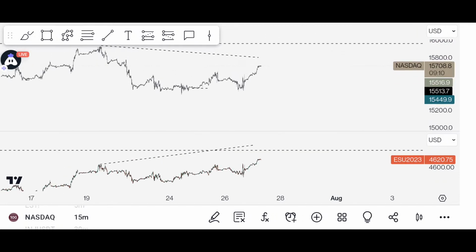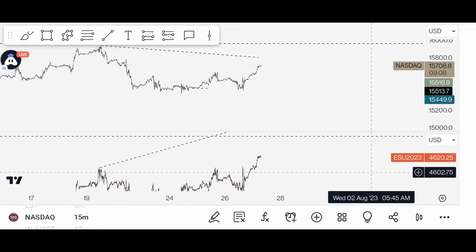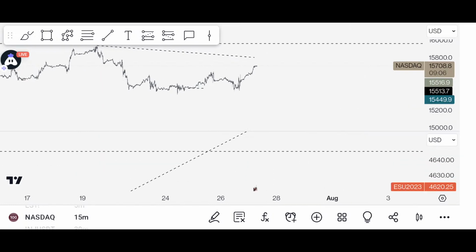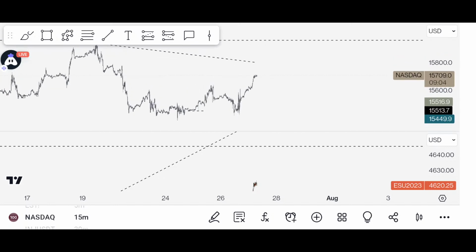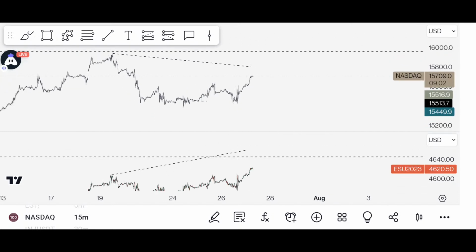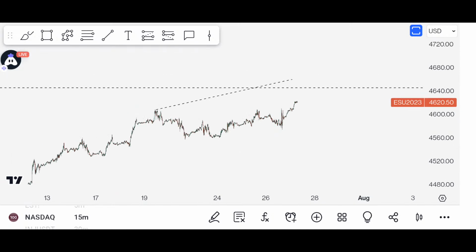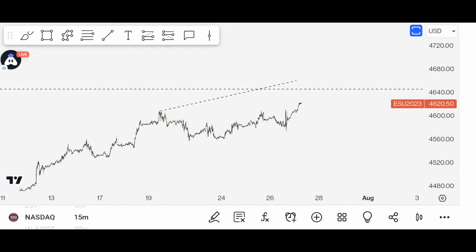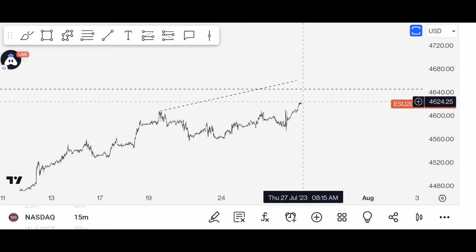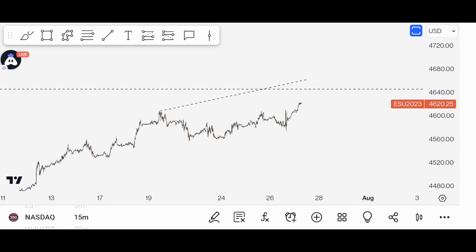I don't think Nasdaq will sweep that, because you can see ES is almost there. It will sweep it first, and that will be the perfect scenario. Okay, so that was all about today. I don't have any entries as of now, and as this sweep happens, then I will go live and we will discuss what happens next.